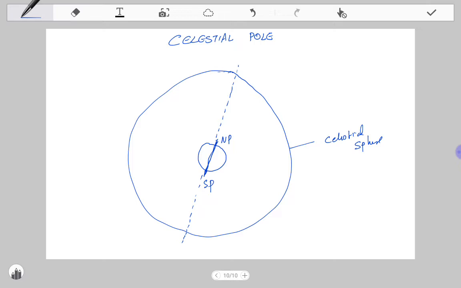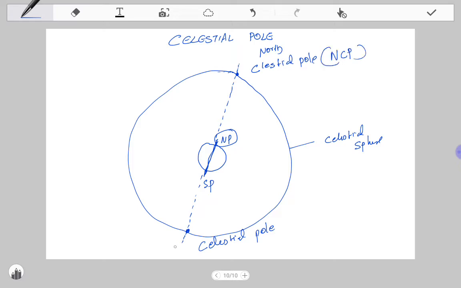The points where the Earth's axis meets the celestial sphere we call the celestial poles. The point corresponding to the north pole of the Earth is called the north celestial pole, or NCP.